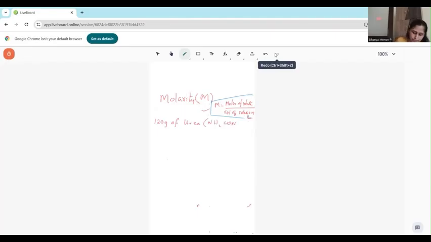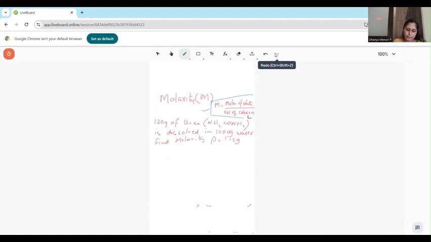Urea is dissolved in 1000 grams water. Okay, find molarity if density is 1.12 grams per ml.